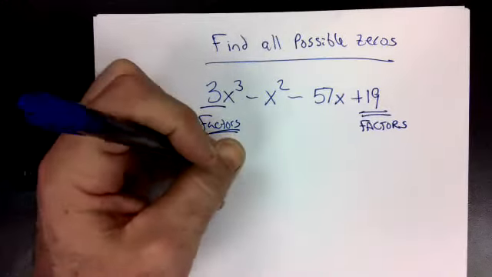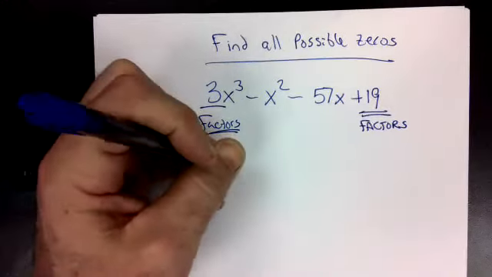So all of my possible rational zeros are 19 divided by 1, or negative 19 divided by 1, or 1 divided by 1, or negative 1 divided by 1, or negative 1 divided by negative 1. Anyway, you still get those.